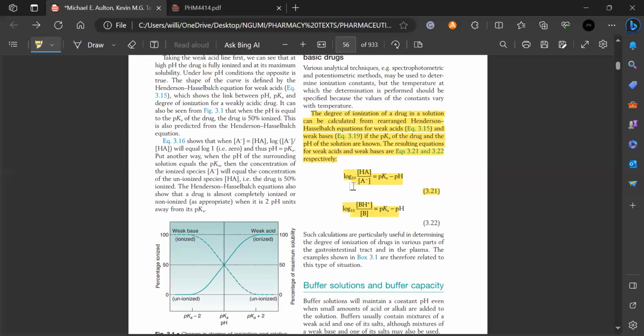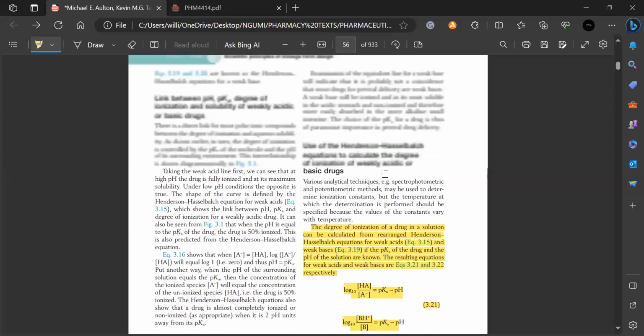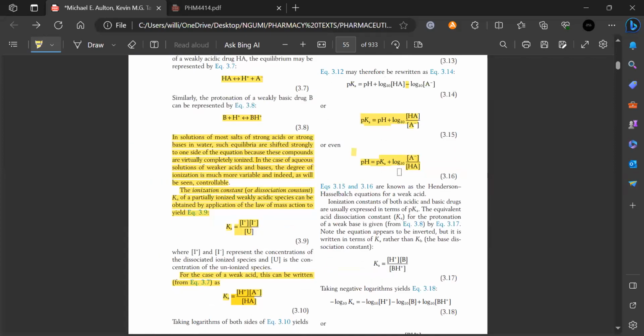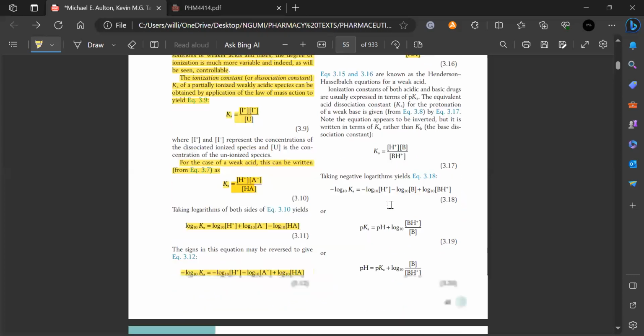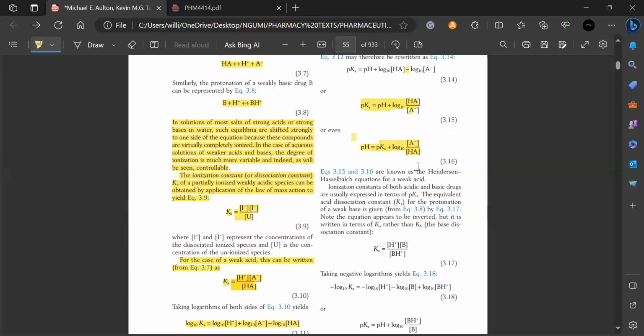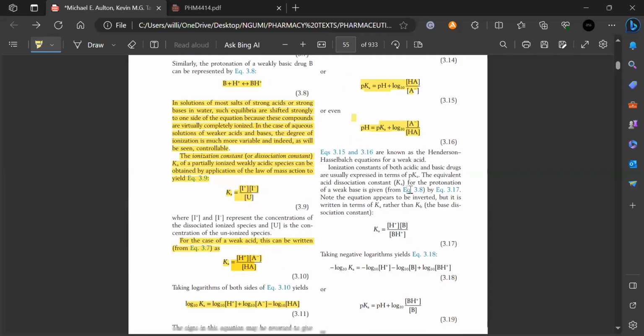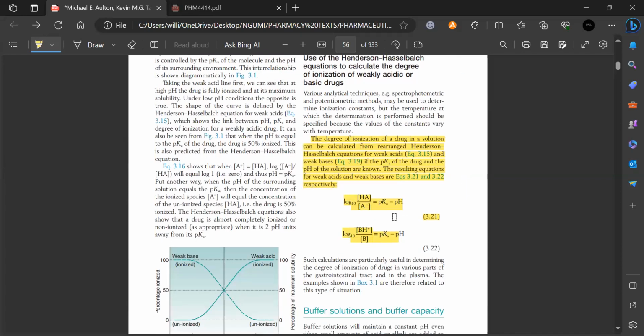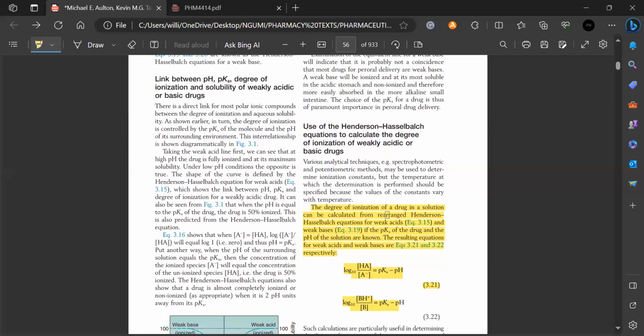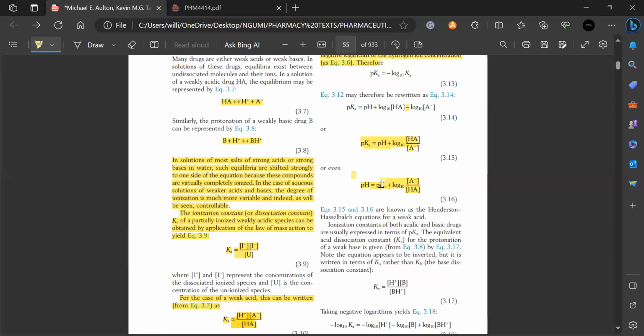So for weak acids, we have this, just as we wrote from here. If you take everything else to the other side, the best way to explain it is using this.